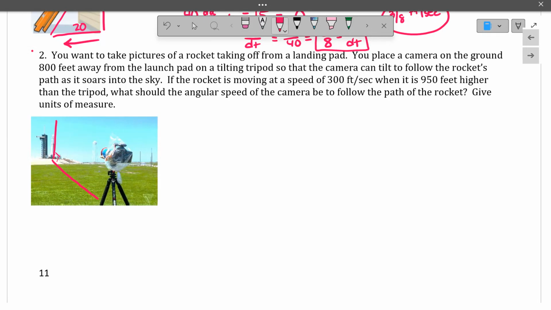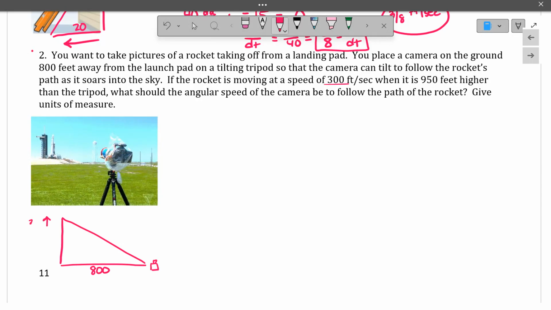I got a right angle right here, and this tripod needs to tilt to watch the rocket as it blasts into the sky. Now, I'm going to draw a secondary diagram here. So we have this camera over here, okay? And it is 800 feet away from the rocket. And the rocket is moving at a speed of 300 feet per second.